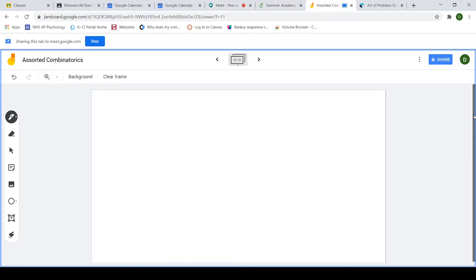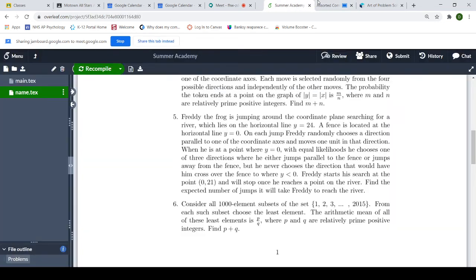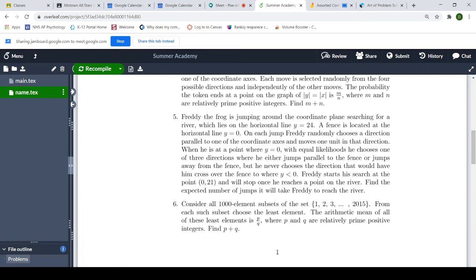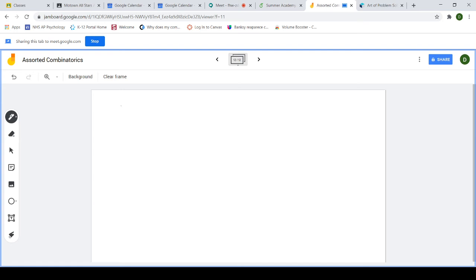I think this is a little more calculation than actual combinatorics, but let's just figure out, first of all, the total number of ways to choose 1,000 elements, which is 2015 choose 1,000.